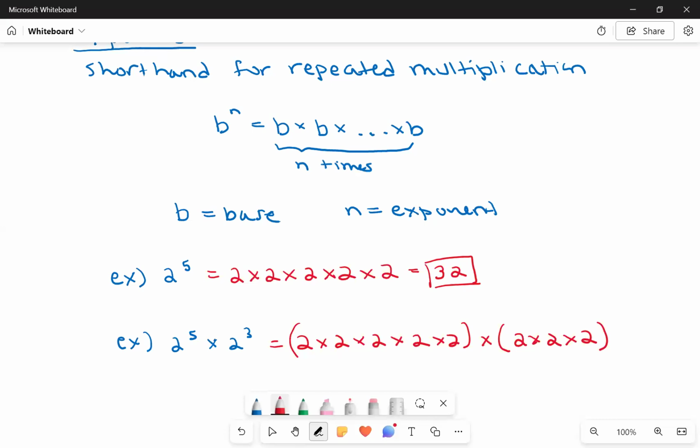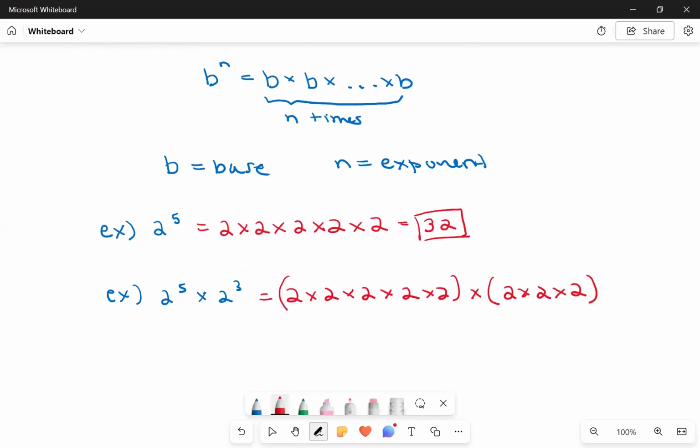So what I really have, though, is 8 2's here, right? 1, 2, 3, 4, 5, 6, 7, 8 2's, which I could be cute and write as 2 to the 8, right? I could drop those parentheses. They're not necessary. And now I just have a multiplication of 2 8 times.